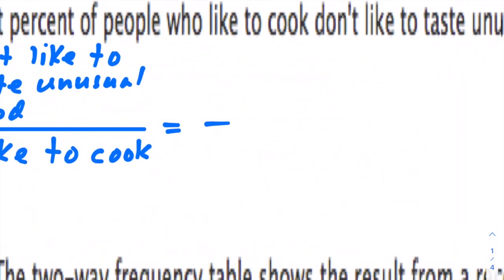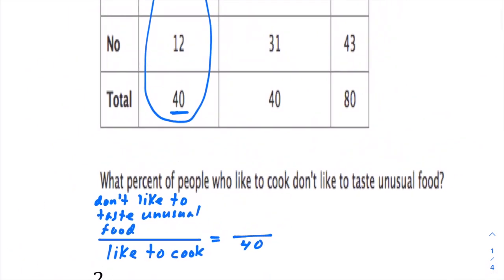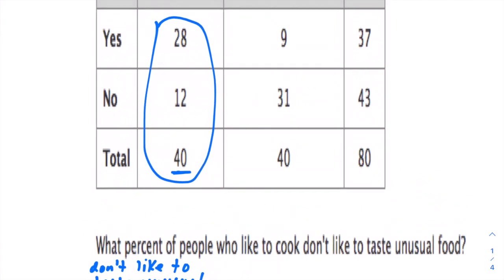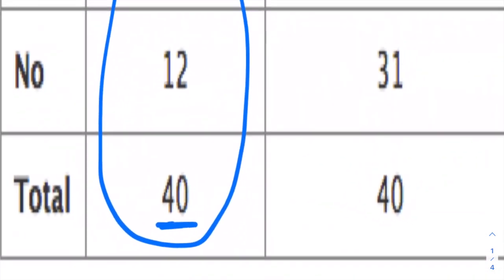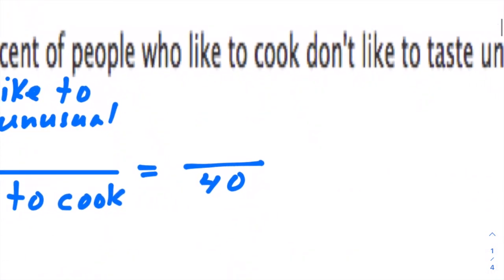There are 40 people who like to cook, so that is our denominator. Of those 40, the ones that don't like to taste unusual food, there are 12 of those. So that is our numerator. Now, if you wanted to, yes, you could go ahead and simplify that, but we don't need to.